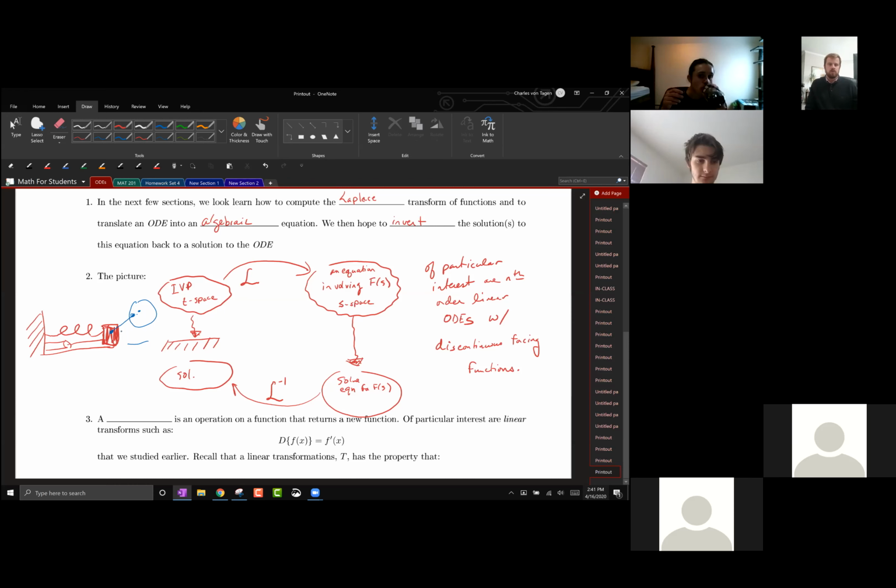So just recall that a linear transformation T has what property? If I apply T to functions, say T of a constant times f of x plus a constant times g of x, what does it mean when we say T is a linear transformation? It means that T distributes over the summand, whatever we mean by adding these two objects. In this case our objects are functions, so function addition.